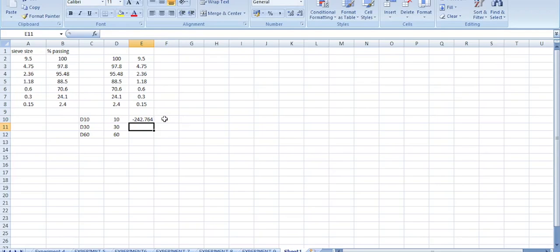Look at it. You can see the value that we are having, minus 242 point something, which is erroneously wrong. Because whatever you calculate in Excel, you're going to have a value. So you must do the right things. You must put the right brackets where they're supposed to be. Any bracket you miss out will give you a value that is erroneous.